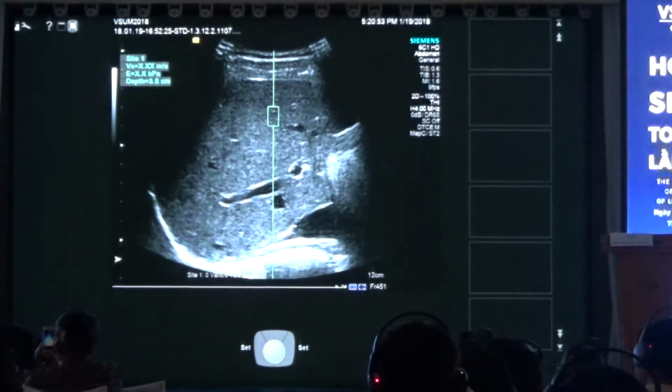The more normal the liver, the more homogeneous the data, be sure. The more liver cirrhosis, the more fibrosis, the more heterogeneous the results in the different parts of the liver. That's what we learned.